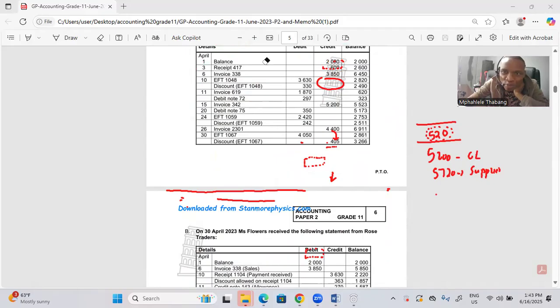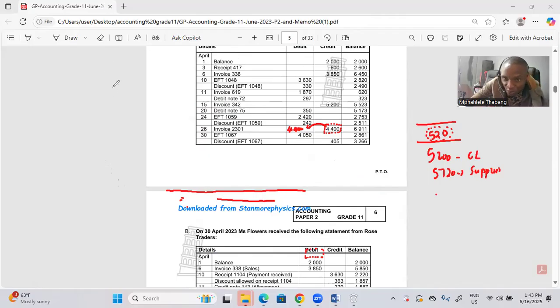They are saying this was posted to the ledger account by mistake, so it must not be on the credit side. We are going to remove this 4,400 by putting in an entry on the debit side. So I'm going to go to the creditors ledger and put a debit entry of 4,400 to cancel out the mistake of this invoice.